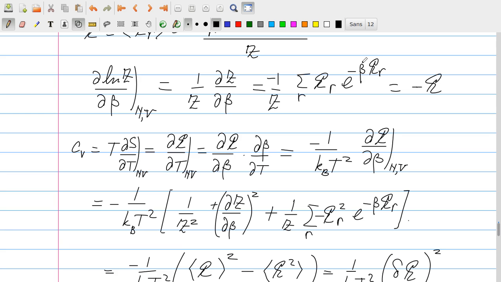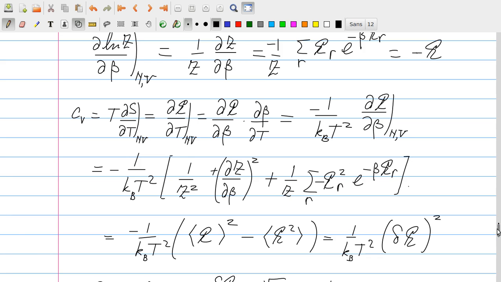There is a second beta derivative from the exponent here, and if we take that derivative, I get a second E_r inside the sum. So this is the second term. Now we know that the energy is 1 over Z dZ d beta, and here I see the square of that expression.